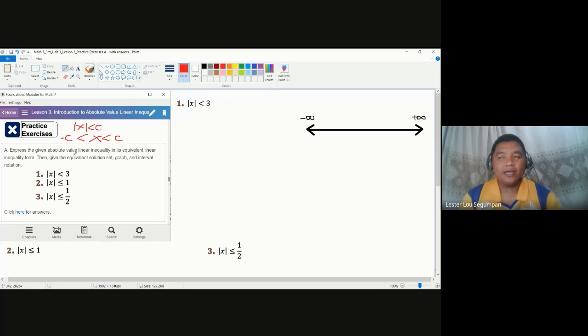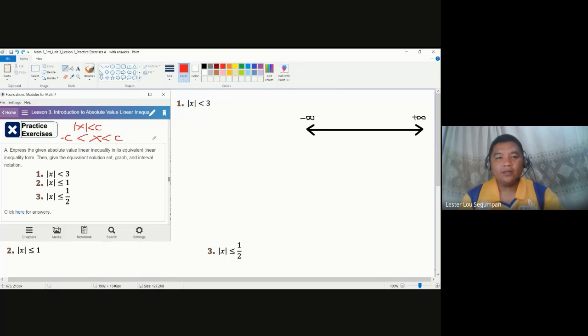Again, this is read as values of x greater than negative c but less than positive c. This is the general form of the linear inequality form when we talk about absolute value linear inequalities following the less than symbol. If this symbol has equality, we just simply copy the equality notations here.